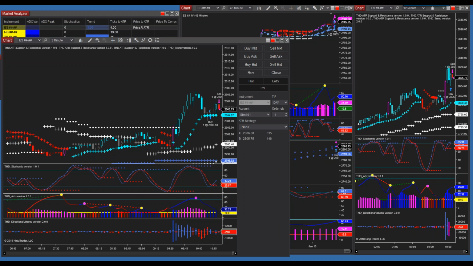In other words, instead of panicking because I didn't notice that the 12-minute was overextended, this has actually got trend divergence on it. I said, okay, I'm going to manage the trade, okay? Because I opted to manage the trade, I actually was able to cover the cost of my trade.